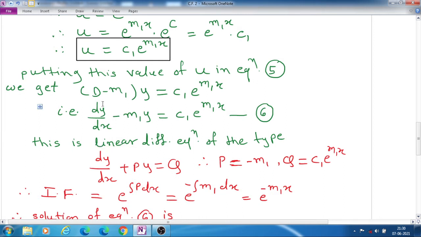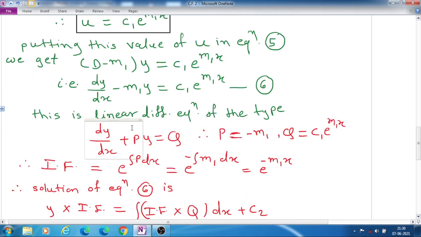Operating d minus m1 on y, dy by dx minus m1y is equal to c1 e raised to m1x. Now to solve this equation, here we cannot separate y and x for integration.